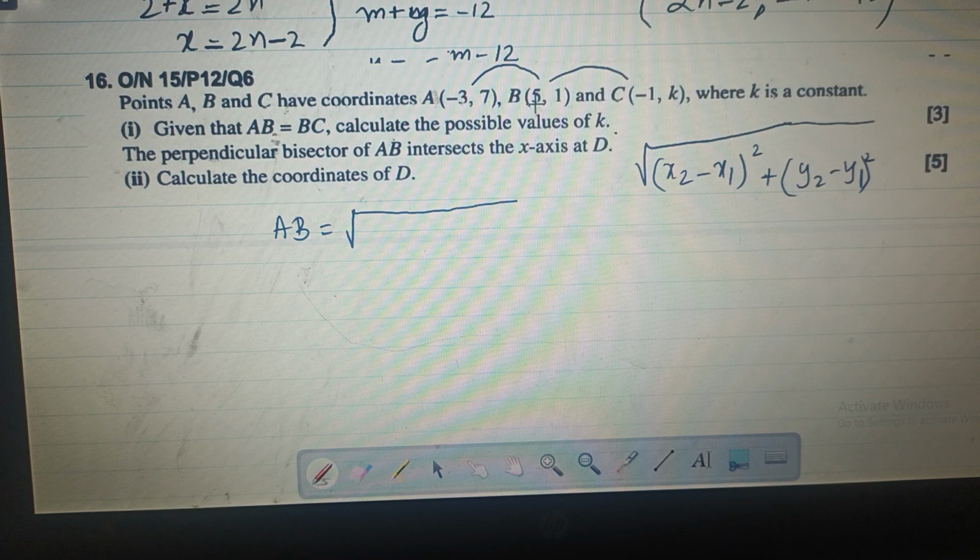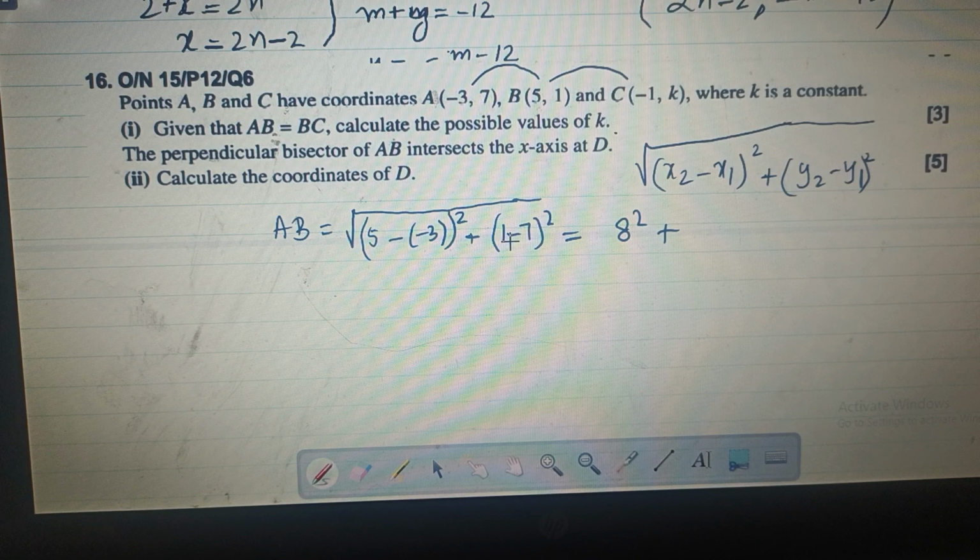Then what is this? 5 minus minus 3 whole square, this is x2 minus x1 whole square, plus y2 minus y1, 1 minus 7 whole square. Then we will get 5 plus 3, 8 square, plus minus 6 square.